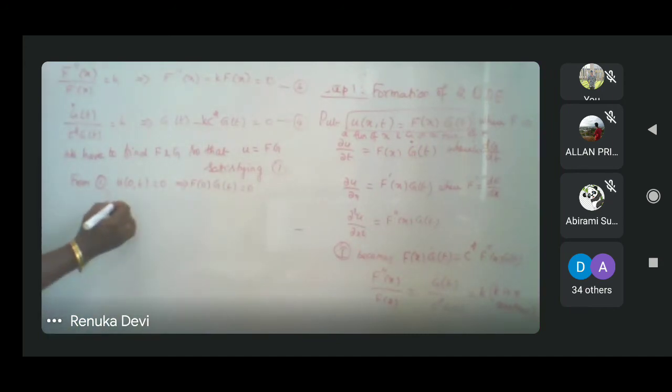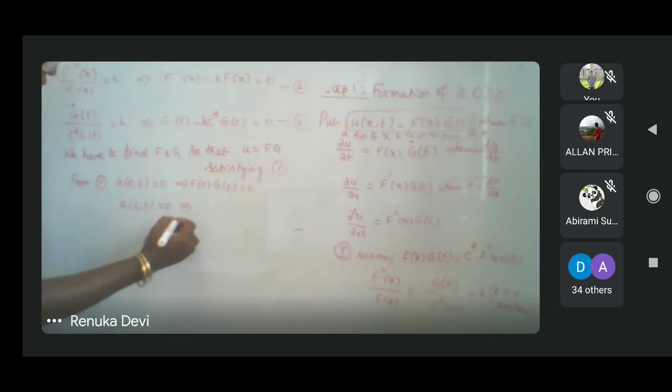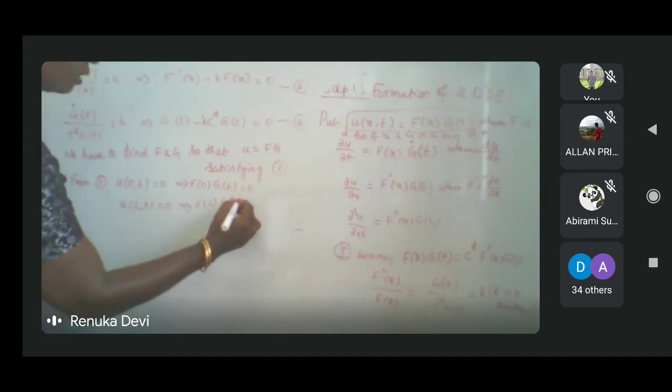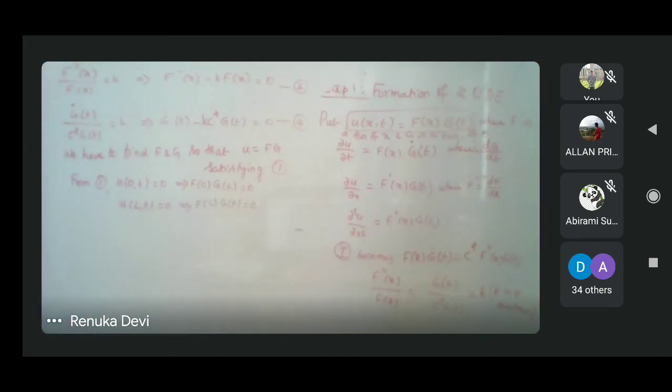Similarly, u of L comma t is 0 implies f of L into g of t equal to 0. Okay. Since the product is 0, any one of the terms may be 0. If g equal to 0, then u will be 0.